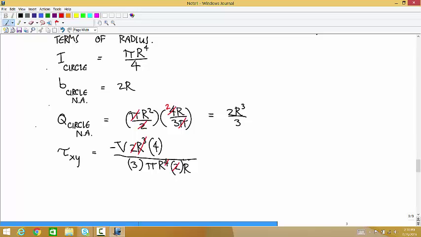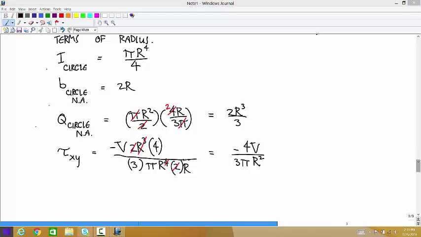And so you get negative 4V over 3 pi r squared, something like that. I don't really know if that's true or not, but I know you can come up with a formula like that. I don't have it written down here. View that with some skepticism, but you can do that calculation in that way.